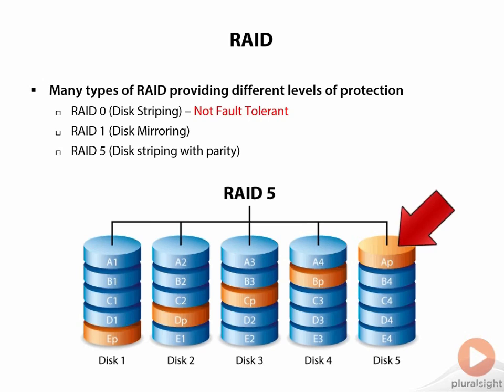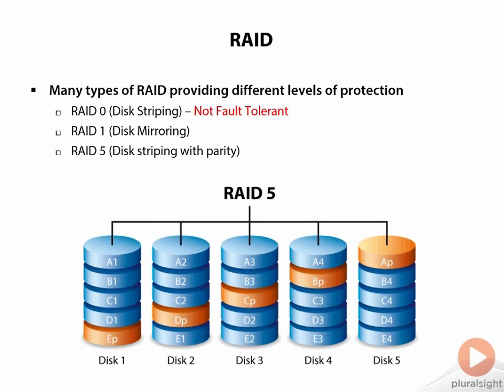Now on disk 5, we're going to run some type of mathematical algorithm against those 4 pieces of data, A1, 2, 3, and 4, and we're going to come up with a parity result. That result is then written to disk as AP, the parity stripe.